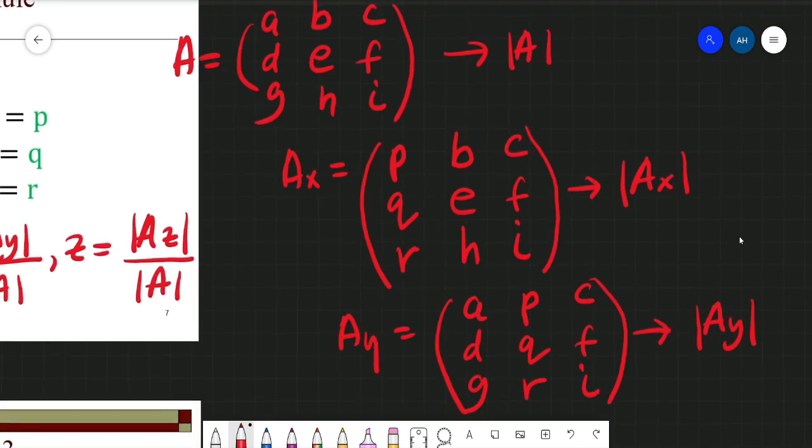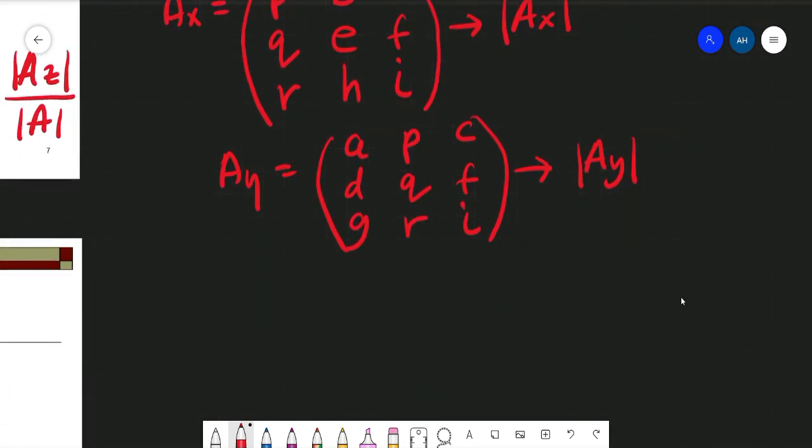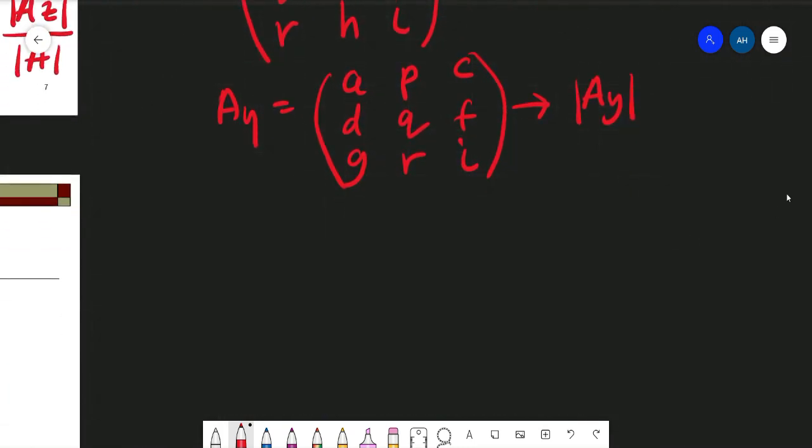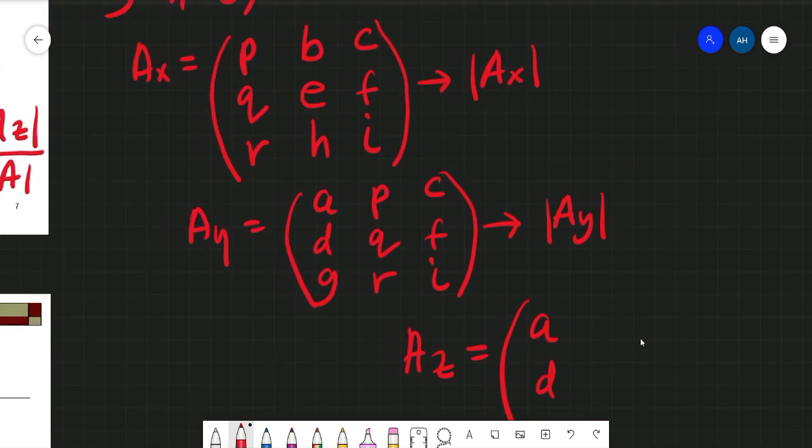Now we have matrix AX, we have matrix AY, and lastly we have matrix AZ. What is matrix AZ? The first column is still the same. That is A, we have D, we have G. The second column is still the same.